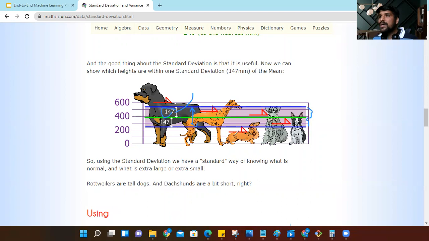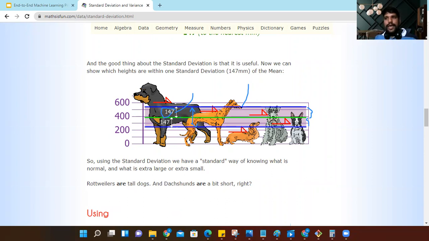Anything below this standard deviation I consider a short height dog, and anything beyond this I consider a big height dog. So this is, I think, the importance of standard deviation, guys. It gives the standard range where the maximum height of the dogs falls. Below that 147, very short, and above the max it is tall.